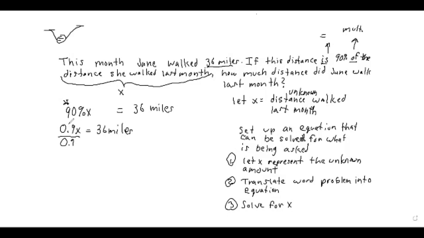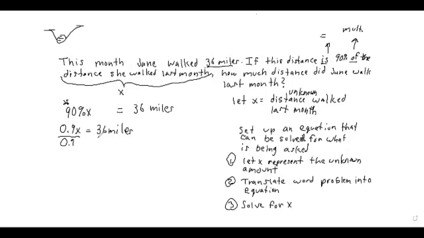Now, this is an equation, it's equal. So we always have to remember that this equal sign acts like the pivot of a scale, if you look up here in the upper left, right? Meaning whatever math operation we do on one side of the equal sign, we have to do an identical math operation on the other side to keep it balanced. So here we divided by 0.9 on one side of the equal sign.